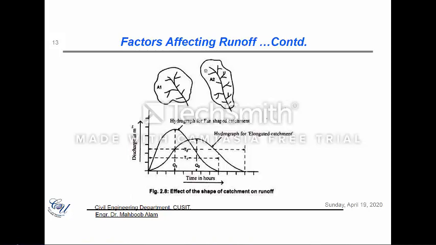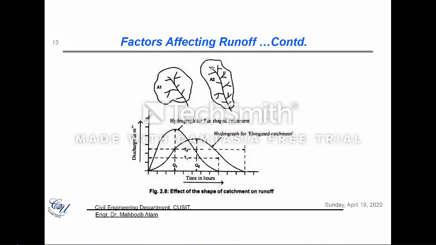You see, comparing with this catchment where the river is a bit longer, this is because it is extended into this direction, and the river itself is not that long, so it would reach the outlet point fairly quickly, and we will see this kind of hydrograph where there is an increase and then immediately there is a decrease.